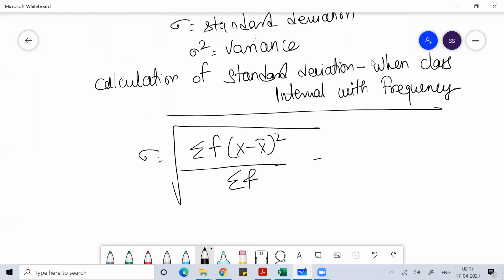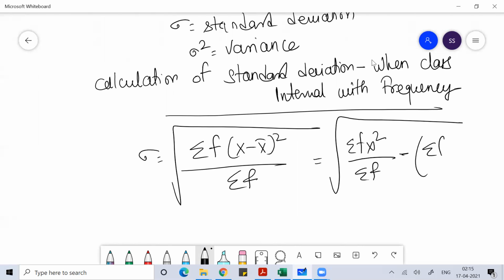Or you can use summation of f x squared by summation of f minus (summation of f x by summation of f) whole squared, everything under the square root. For variance, you remove the square root.